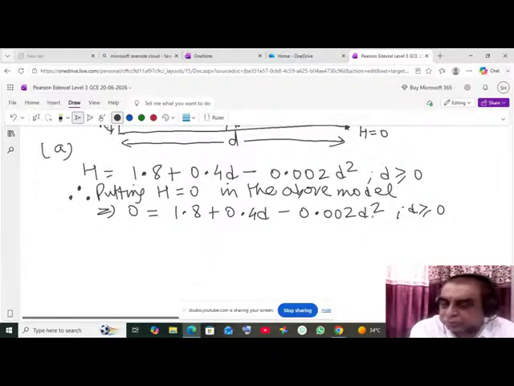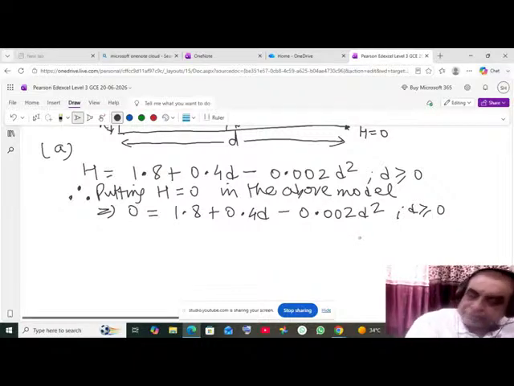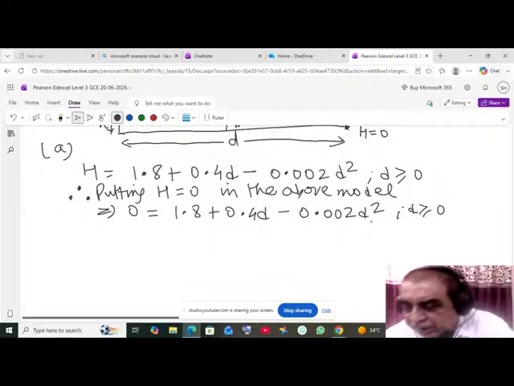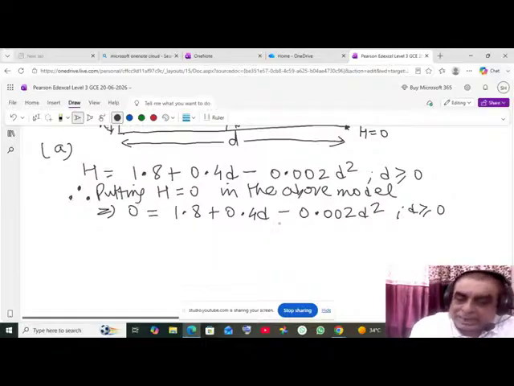On solving a quadratic equation, we get two values of d. One value may be negative and the other positive, or both will be positive, or both will be negative. We will check what the values of d are, and then think which value of d is accepted and which is neglected.